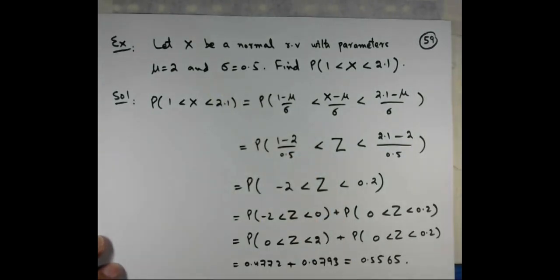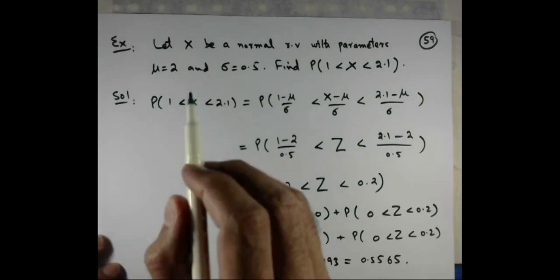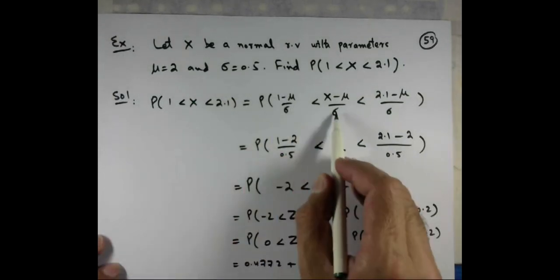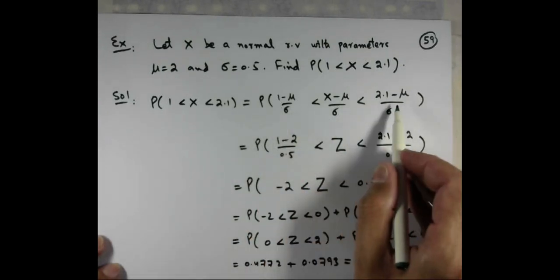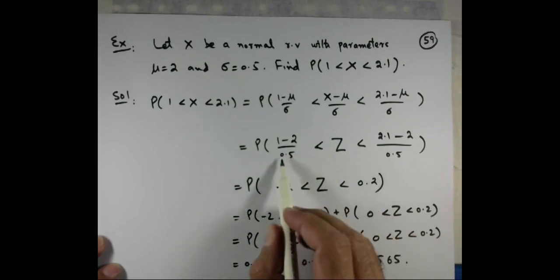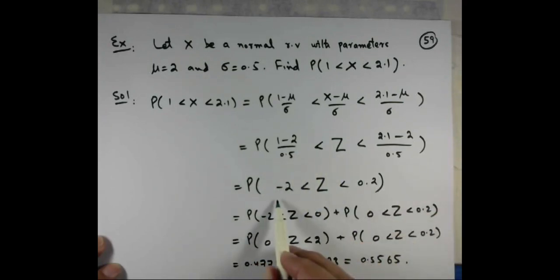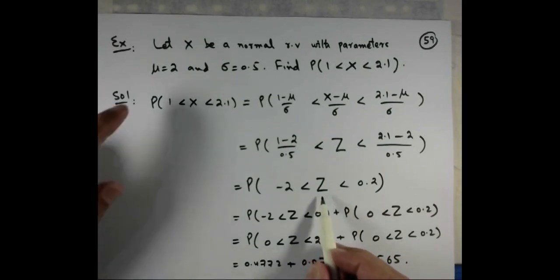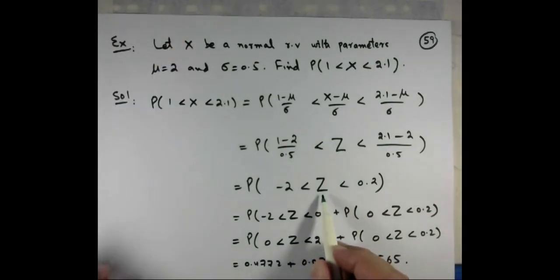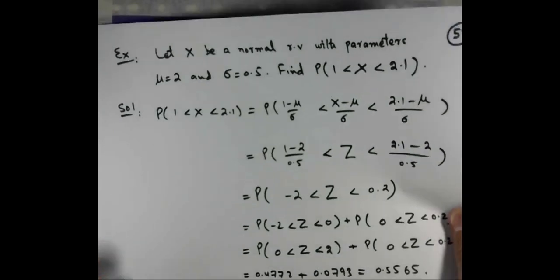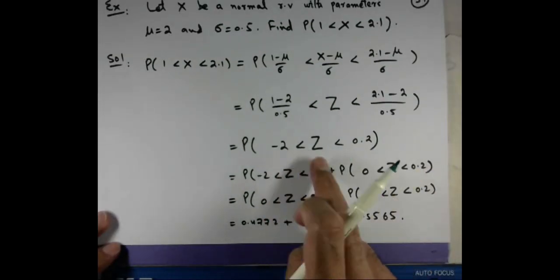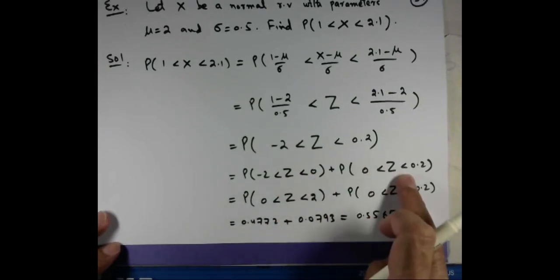So first we need to convert it into standardized form, which means x has to be converted through this transformation, and obviously then the endpoints as well. So if we apply this, we get this expression, and so we get this range. And now you have converted this x into z, which is a standard Gaussian random variable, so its table is available. So we have utilized the table by converting this range into 2 meaningful intervals.